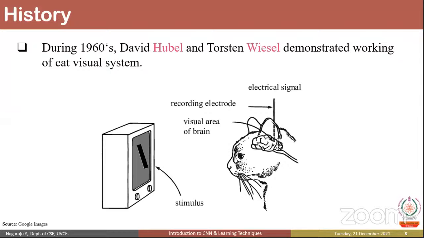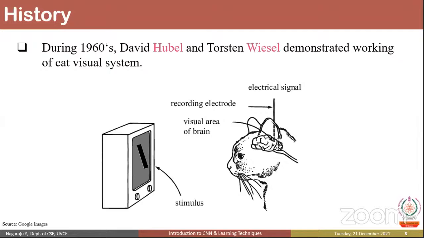Then, because of their work, today we have many models, and we are moving towards the computer vision world. So both of them studied how a cat system works. They were successful in understanding the visual cortex, and ultimately for this particular work they got Nobel Prize in physiology.